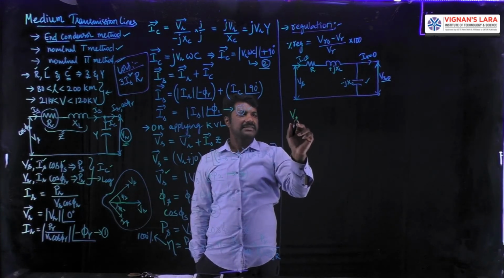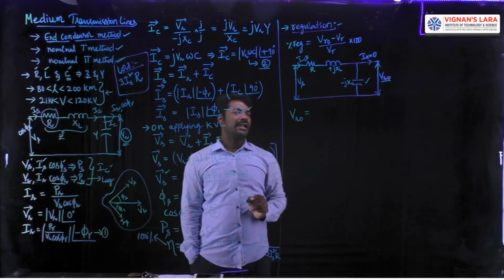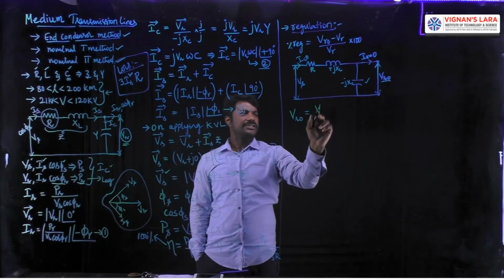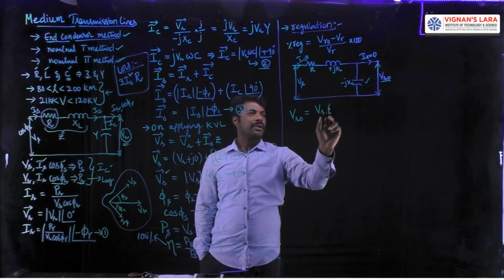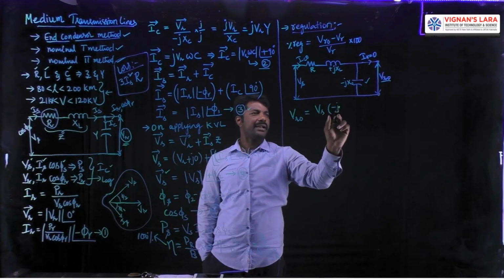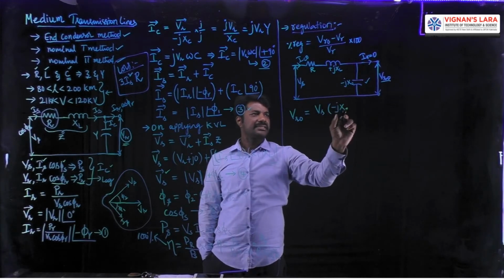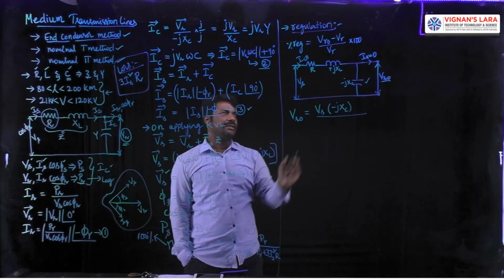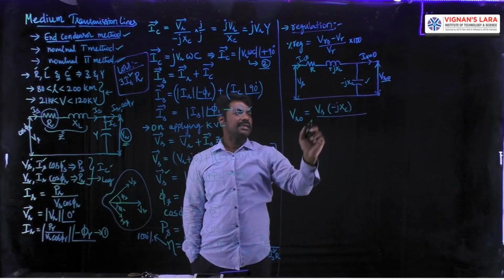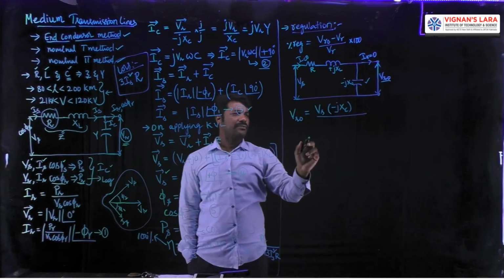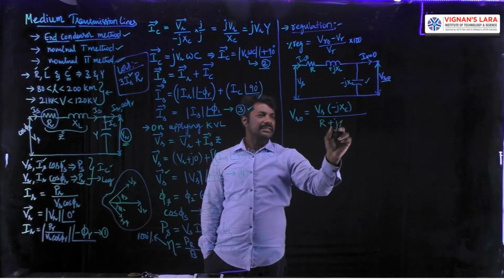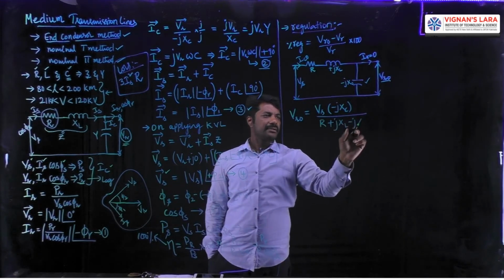As per the voltage division rule, VR naught, that is the voltage across the capacitor, is equal to the total voltage Vs multiplied by its own impedance, wherever you want to calculate the voltage drop, that is minus JXC, divided by the sum of all the elements that are series connected. The elements R, XL, XC are series connected. Then in complex notation we can write this as R plus JXL minus JXC.